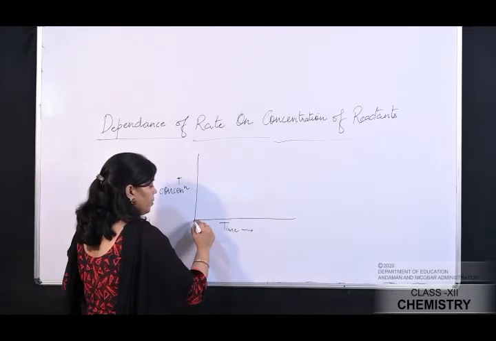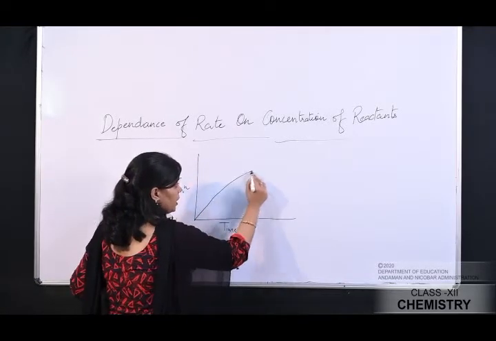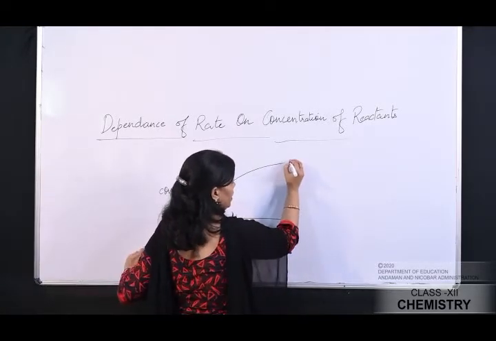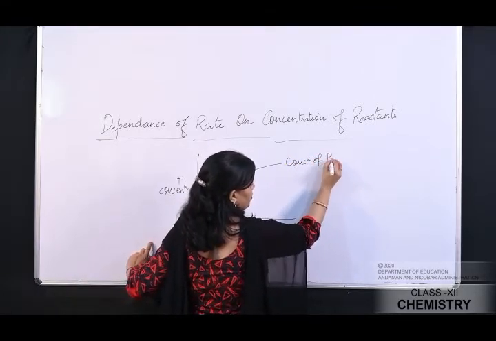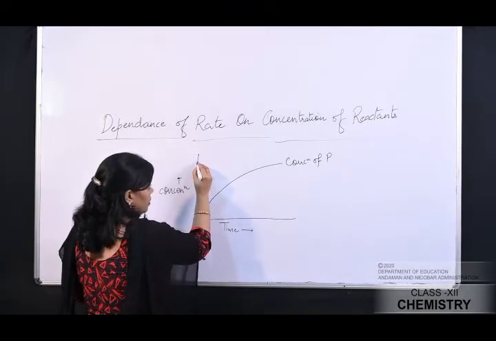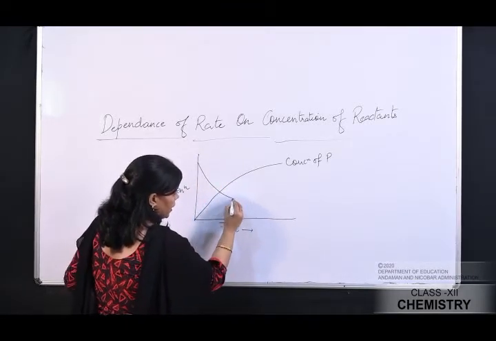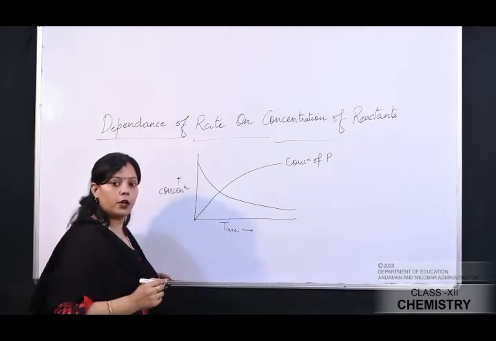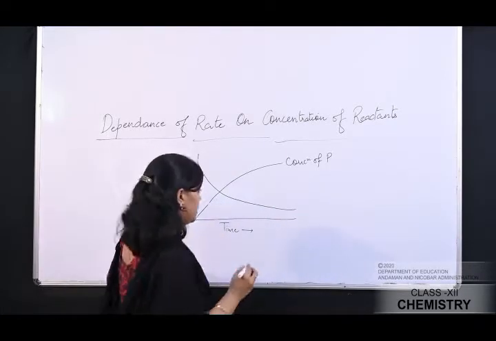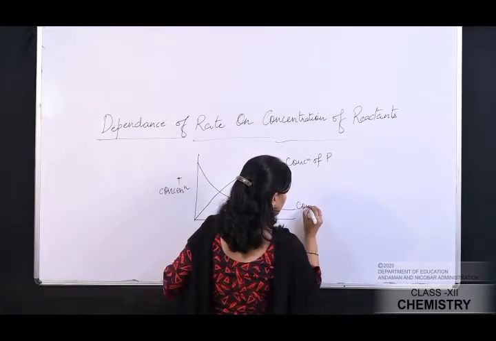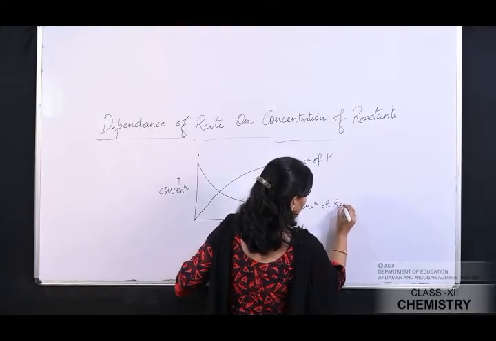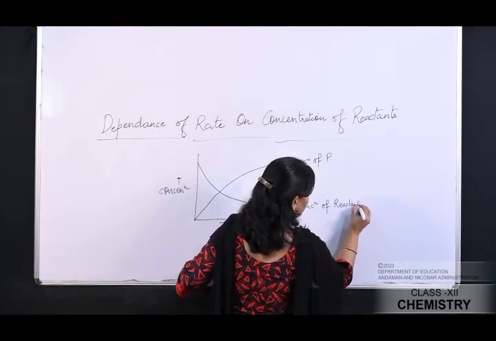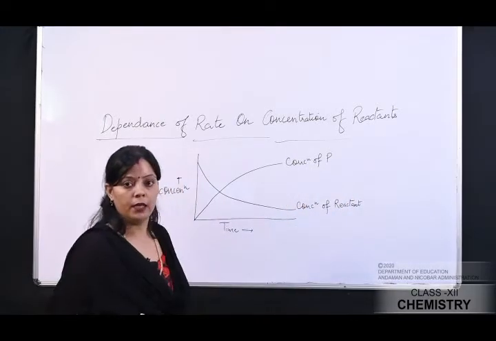As we know, with passing of the time, as the reaction is proceeding, the concentration of the product, this is the concentration of product P, gradually increases, and similarly the concentration of the reactant is gradually decreasing as the chemical reaction is proceeding. So this is the concept of how the concentrations of the reactant and products change with passing of the time.